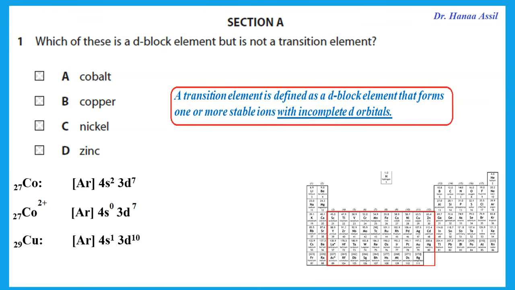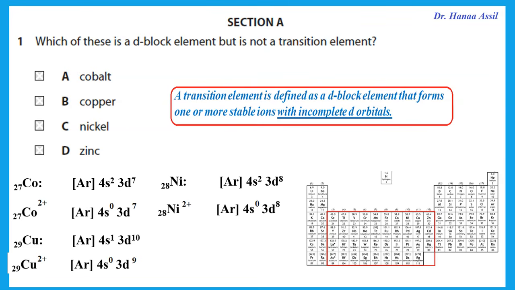Copper 29 is 4s1 3d10. When it forms copper 2+, then we remove one electron from the s, one electron from the d, so it has incomplete d orbital, so it is a transition element. Nickel is 28, 4s2 3d8. If we form a 2+, then I still have incomplete d orbitals.